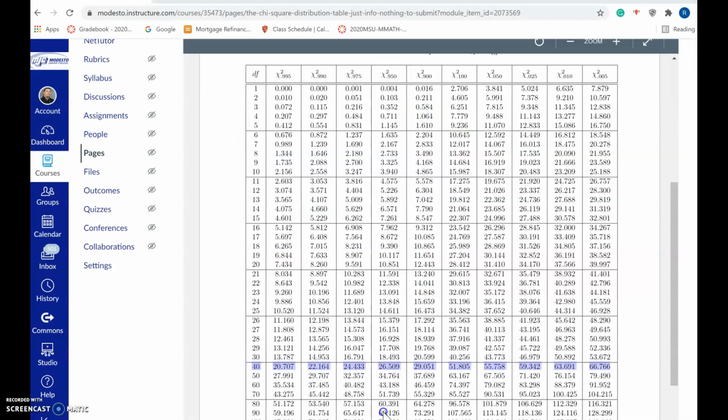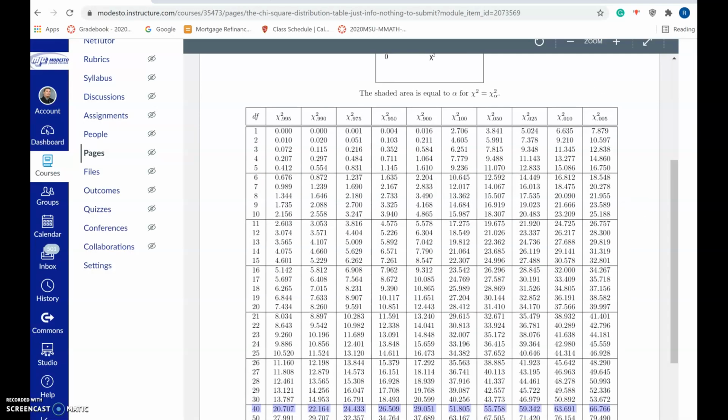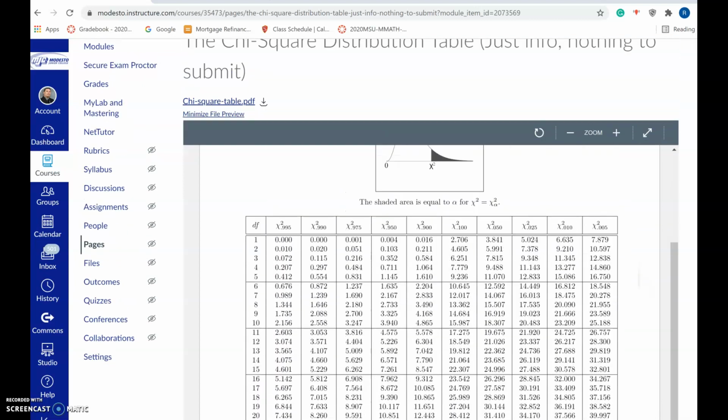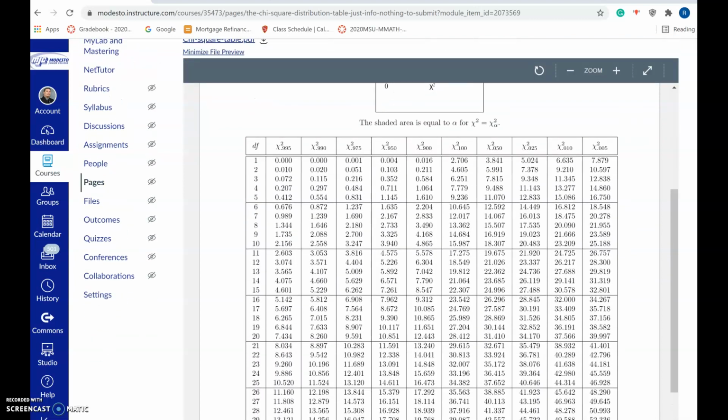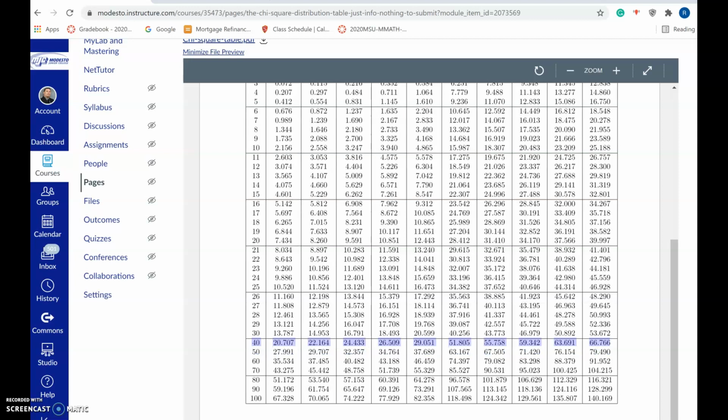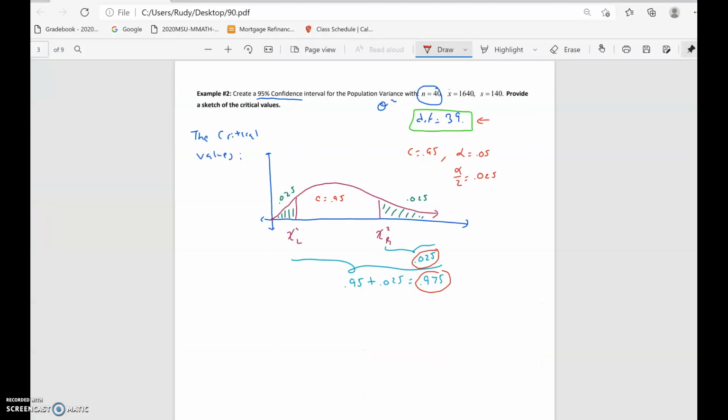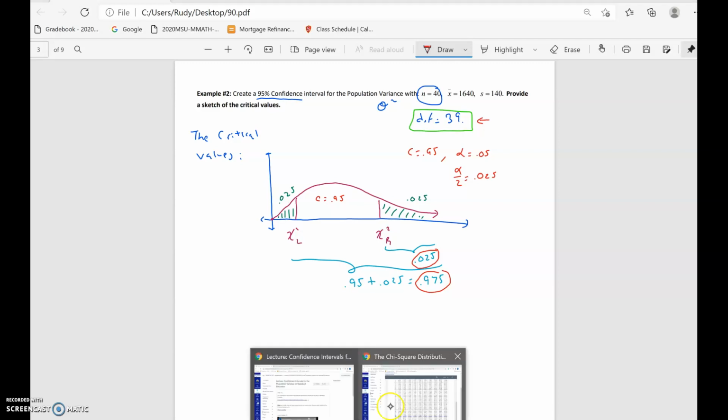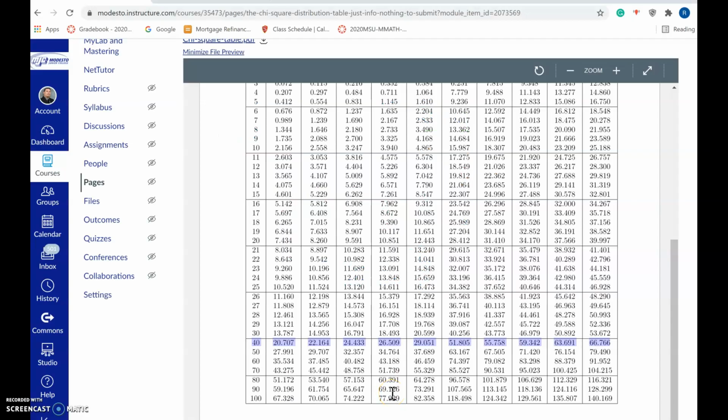So let me pull out the table. So remember that we're using the chi-square distribution, and then your degrees of freedom, because n is equal to 40, would be 39. So I'm looking at this portion here, 39 degrees of freedom. The problem with that degree of freedom is that it's not on the table.